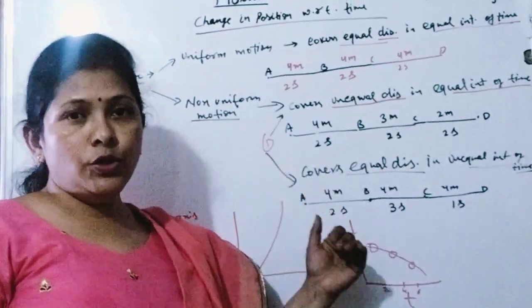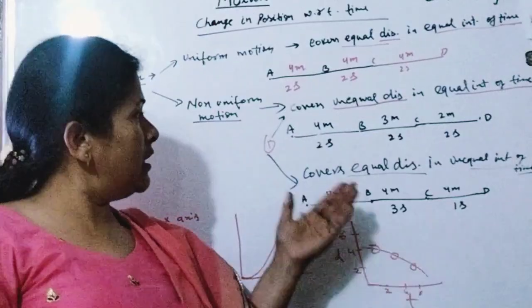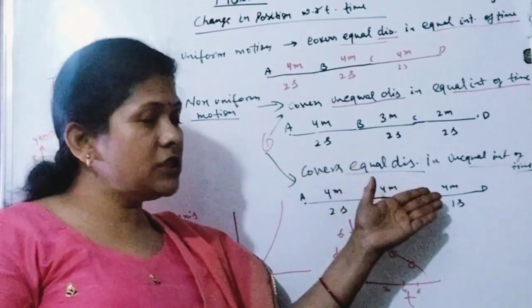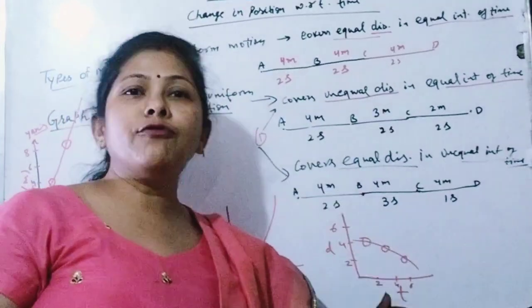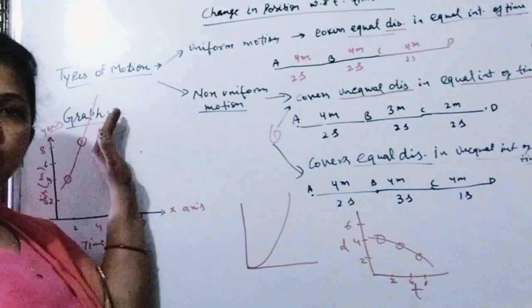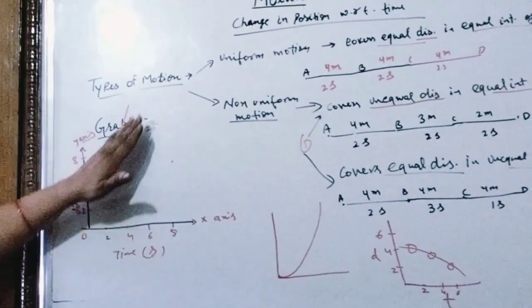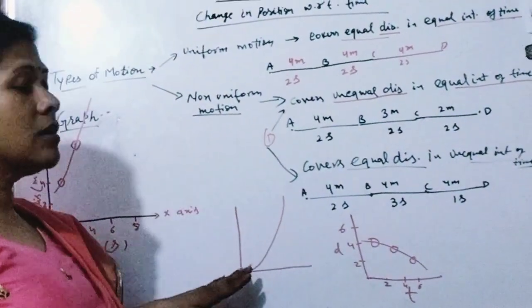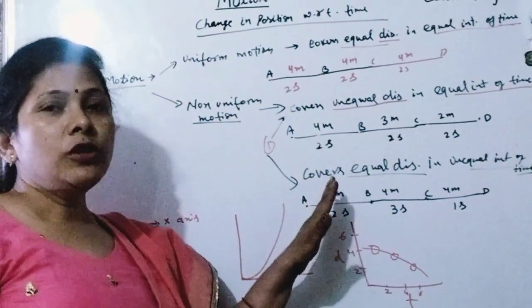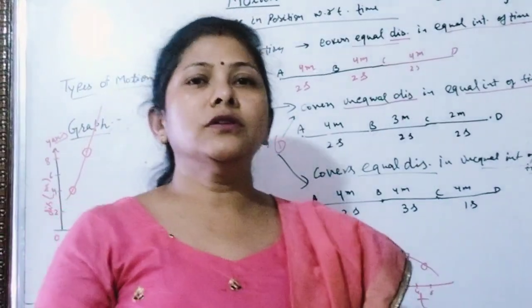In other words, when objects cover equal distance in unequal interval of time, it is non-uniform motion. The graph of uniform motion is always a straight line graph, and the graph of non-uniform motion is a curve graph. So this is all about this video.